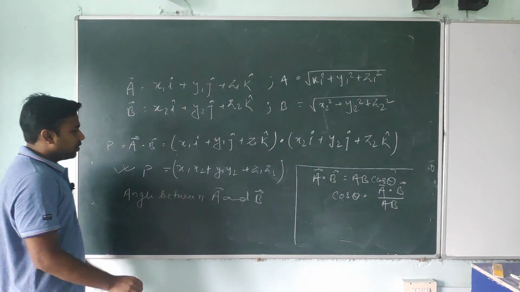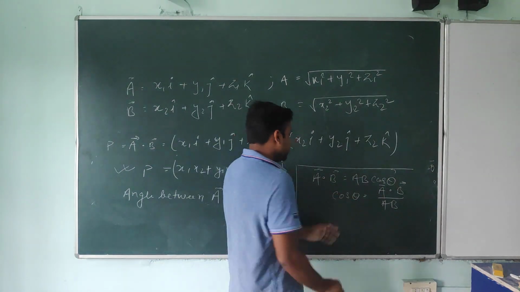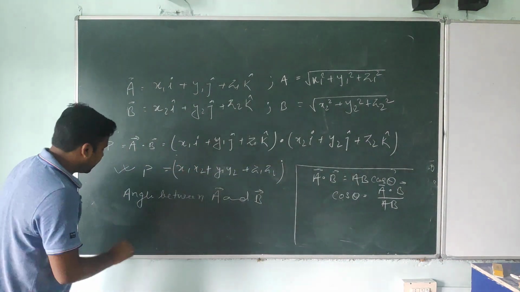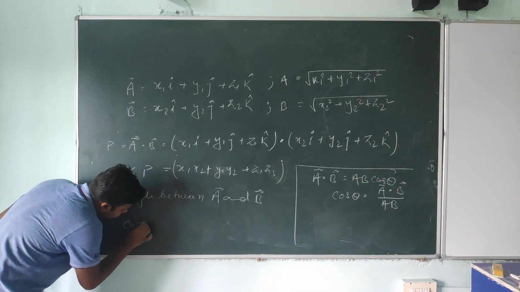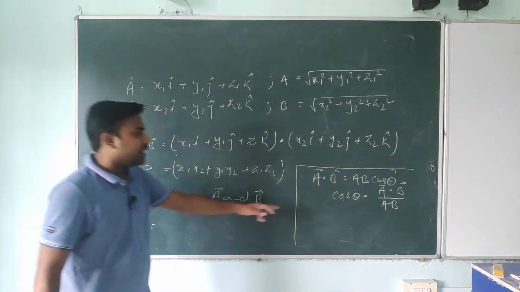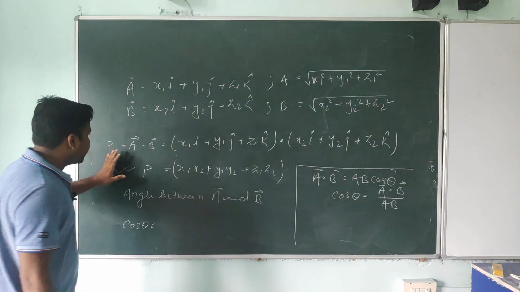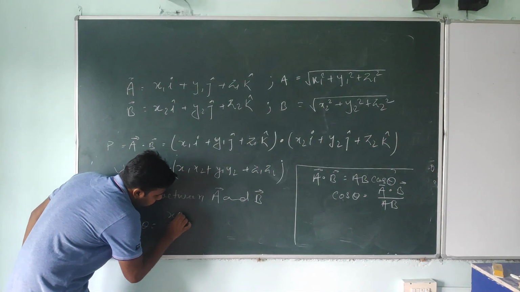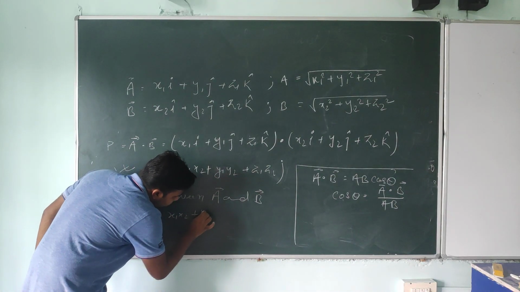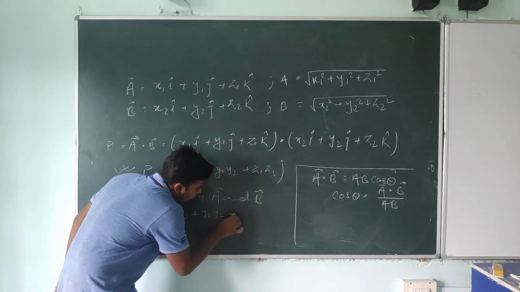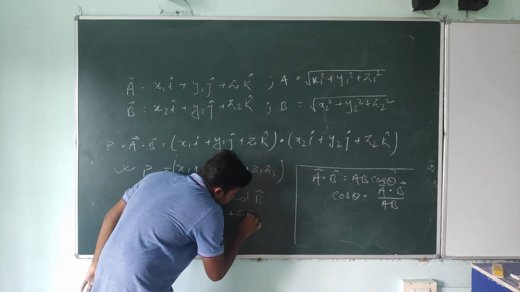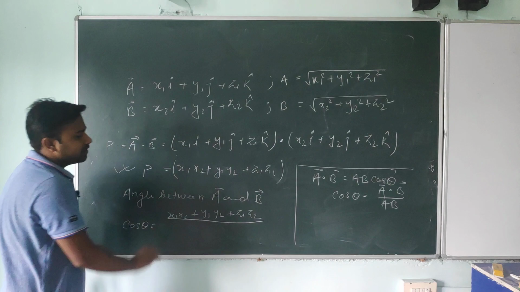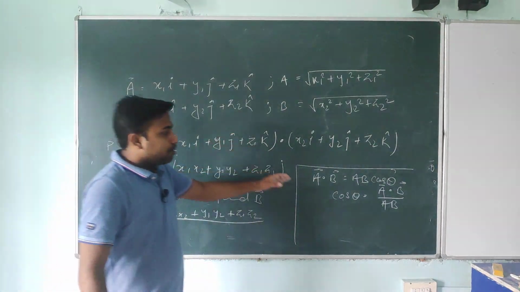Now we already have a dot b, so if you want to write cos theta, a dot b we already got, so we write x1 x2 plus y1 y2 plus z1 z2 divided by the multiplication of their magnitudes.